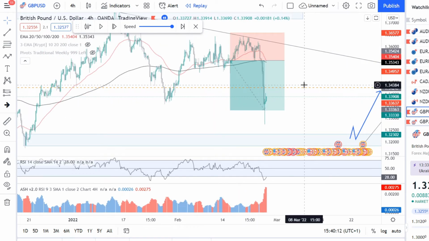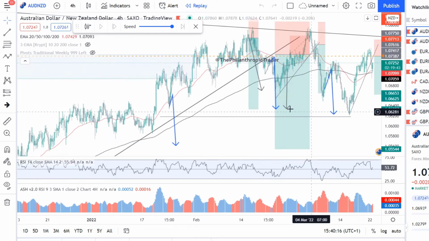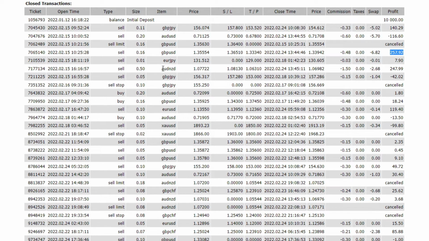And the last setup that I want to show you is the AUD/NZD. This one was also a big trade. As you can see, also on the 15th of February I placed this trade, and I made 2.4% profit.